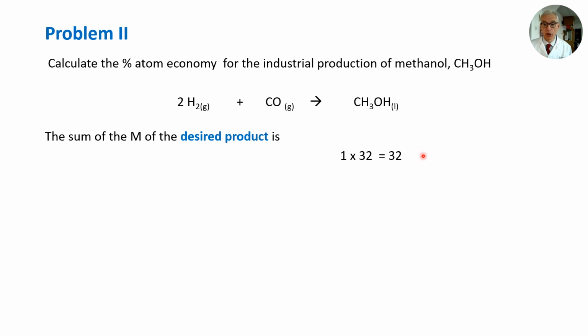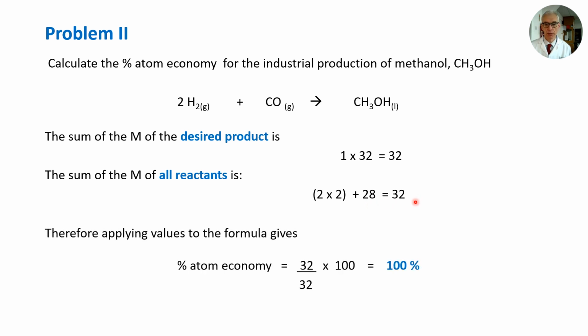The sum of the molar masses of the desired product is 32. The sum of the molar masses of all of the reactants, well, we've got 2 hydrogens, so we need 2 times 2 plus 28 for carbon monoxide, also comes to 32. Therefore, when we plug into the percentage atom economy equation, 32 is divided by 32, which gives us 100%.